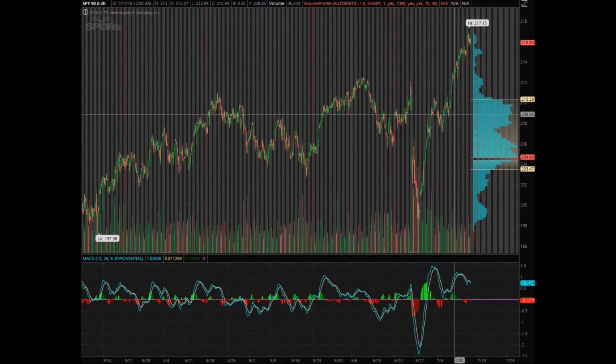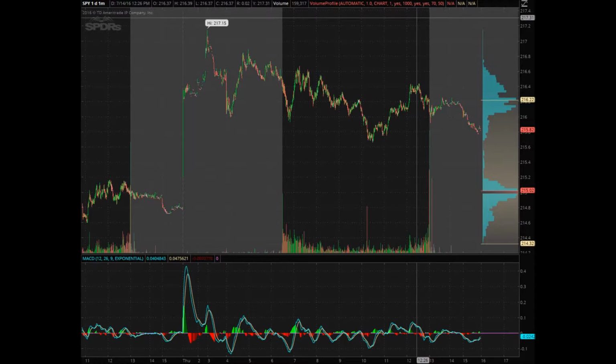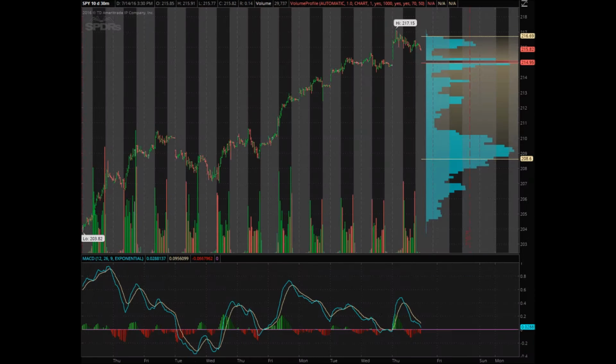Now, let's change this up. Let's go to the 30 minute. So this is a 30-minute SPY, and you can see there are a lot of dips. There's one right here, so you'll get a little resistance there. That's at 212.50 approximately.